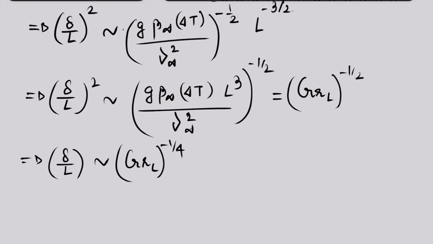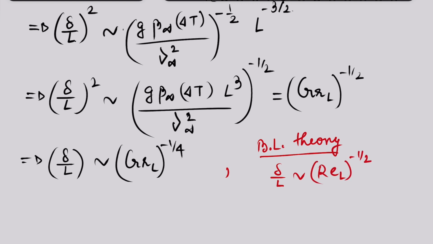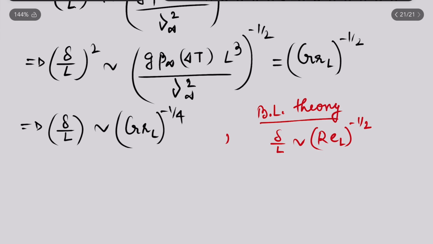So if you compare this with the boundary layer theory, in the boundary layer theory we obtained delta by L of the order of Re L to the power minus half, and here this is Grashof number. So Grashof number is actually your measure of the buoyancy force by viscous force, okay.